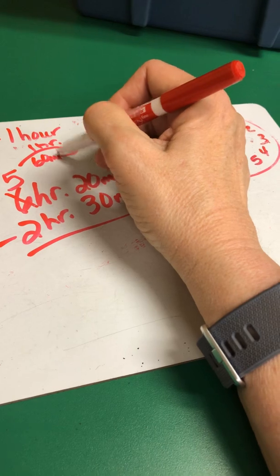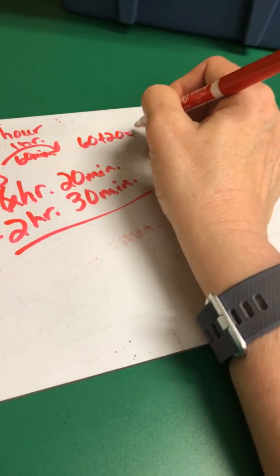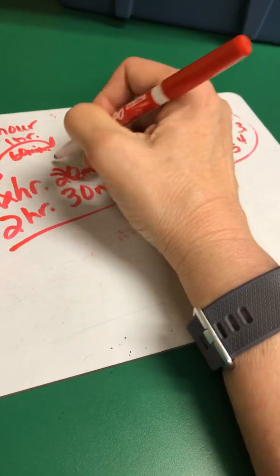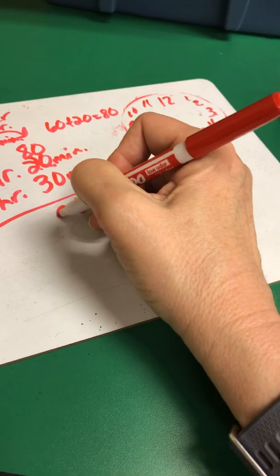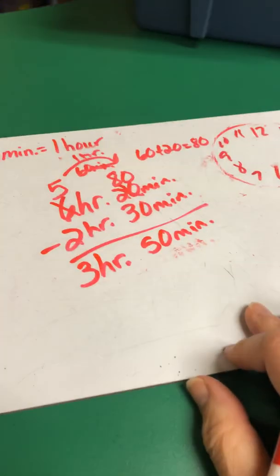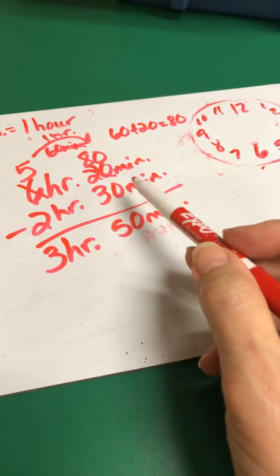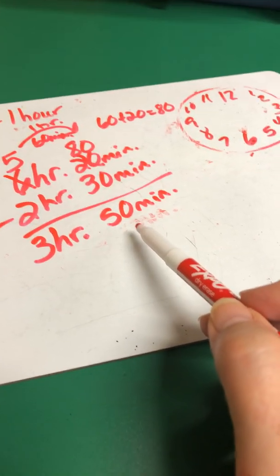So I'm bringing over 60. 60 plus the 20 that's there is 80. So this 20 minutes becomes 80 minutes. Then 0 minus 0 is 0. 8 minus 3 is 5. 5 minus 2 is 3. They're giving you the answer again, huh? So 6 hours and 20 minutes minus 2 hours and 30 minutes is 3 hours and 50 minutes.